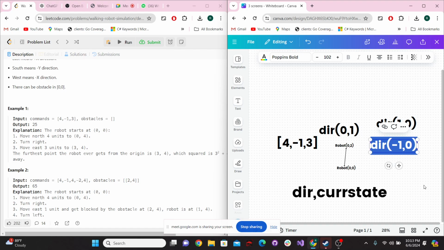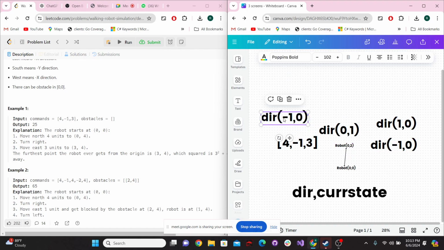So if it travels one step up, it's just going to be negative x. And then you obviously have 0 -1.